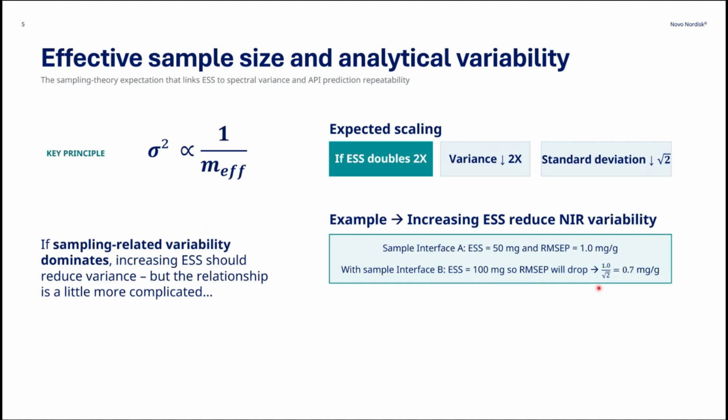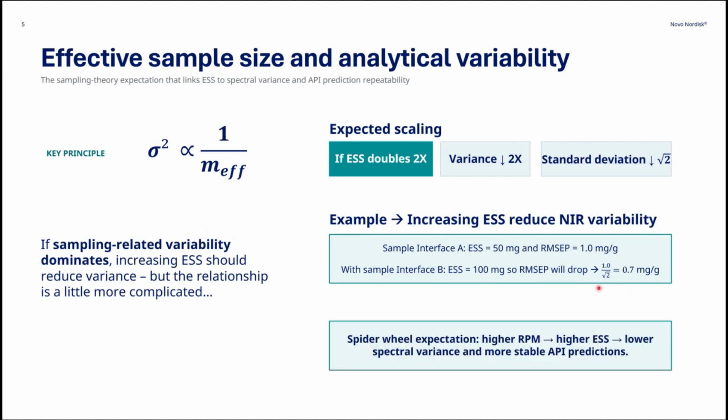So this is one way of looking at how you use the effective sample size to work with your PAT process variability. What we expect is that when we increase the RPM, we will have a higher effective sample size and then lower spectral variance and more stable API predictions. And Andreas will come back to the real results.